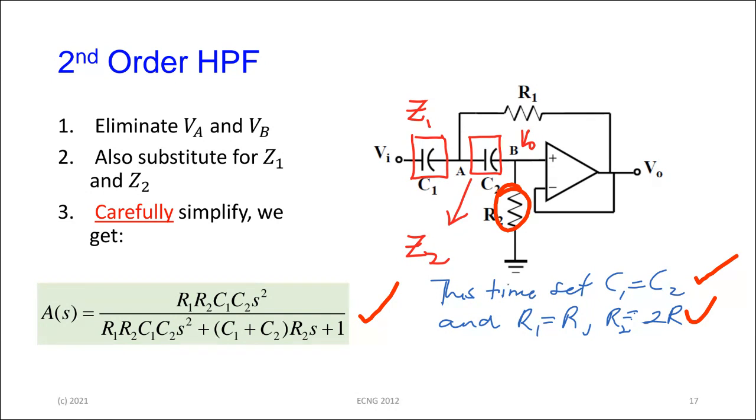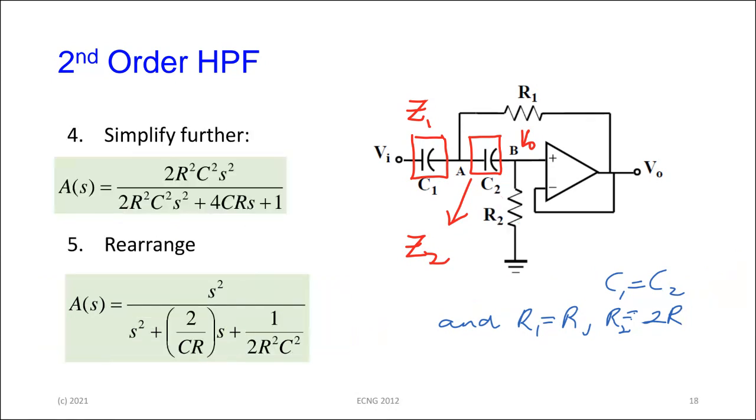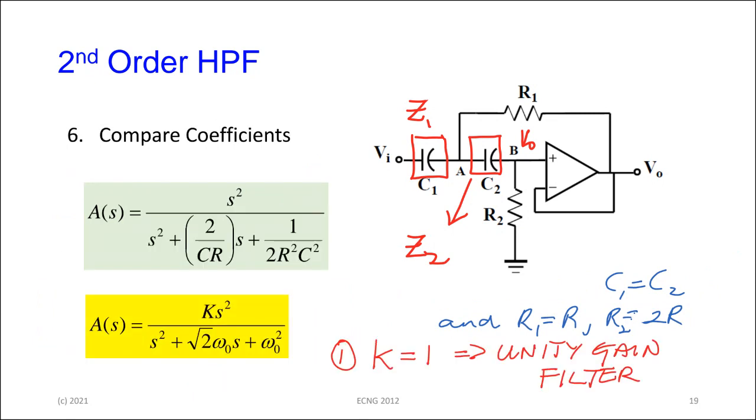And you plug that into there, and then you rearrange, to get it into this form so that I can compare it with the standard form that I introduced. The second order standard Butterworth high pass filter has a transfer function that looks like this. And the one that we just did had a transfer function looking like this.